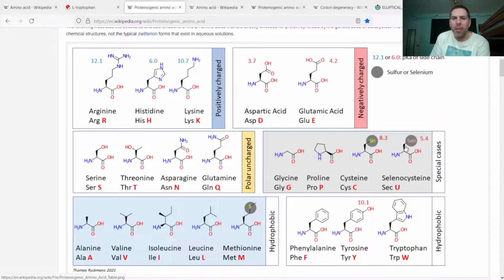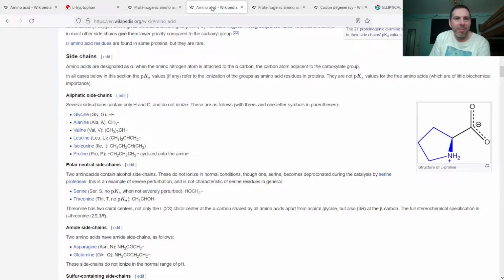Well, maybe it becomes charged. So here's just back at the amino acid page section on the side chains. It does mention that pKa, the values that they list, are for how the side chain would be in a protein, and they're not the pKa's for the free floating amino acids in the cytoplasm.